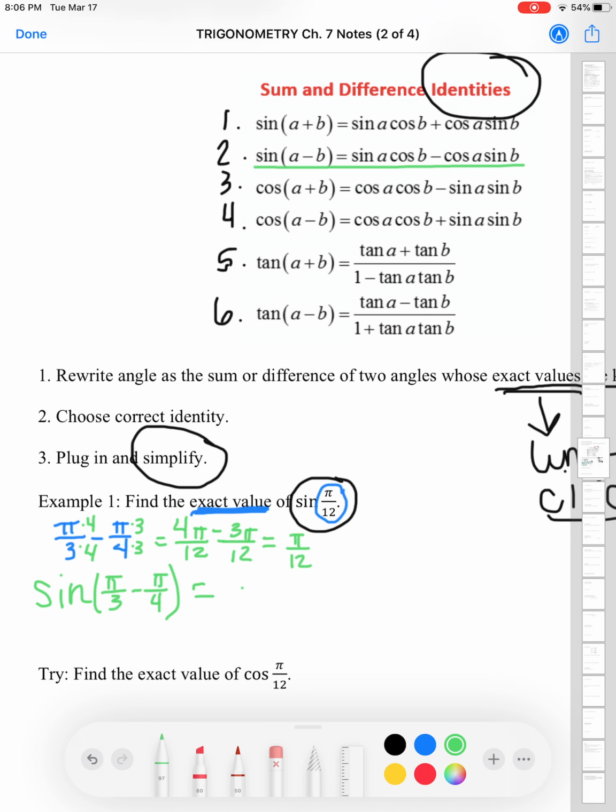So we would have sine pi over 3 cosine pi over 4 minus cosine pi over 3 sine pi over 4.